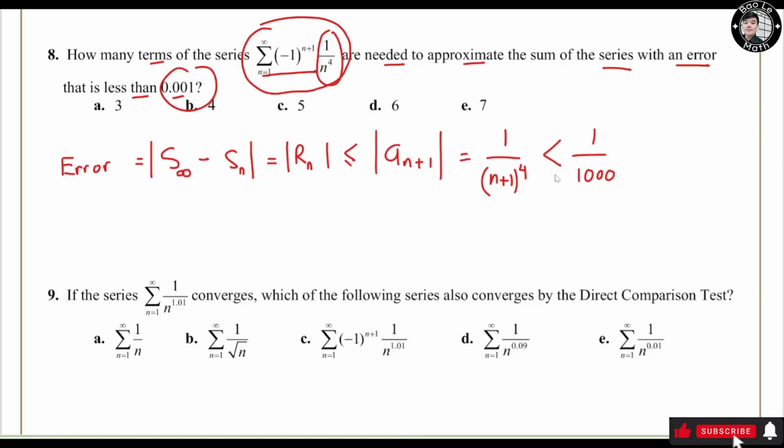Now I'm going to take the reciprocal of both sides, so it turns out to be n plus 1 to the power 4 greater than 1000. We're going to take the 4th root of both sides, so n plus 1 equals the 4th root of 1000.